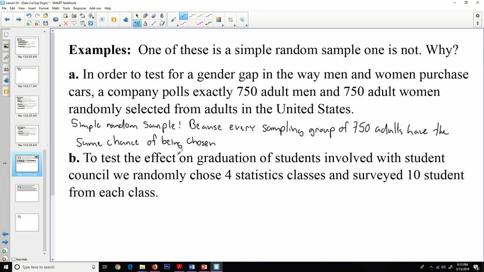And then B is not a simple random sample.